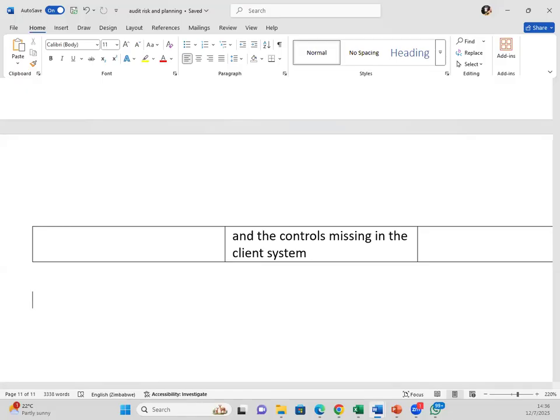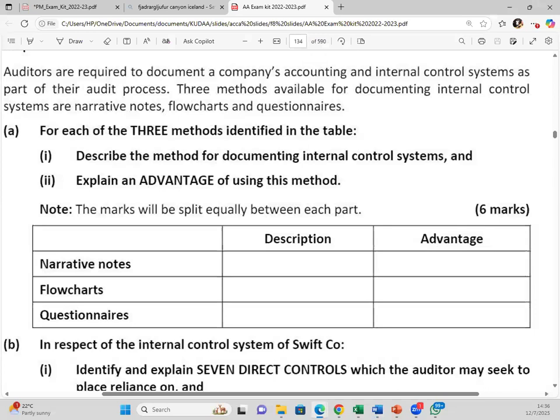Your answers are not going to come from the case. Now, let's look at the other part of the question where you need to apply the case.